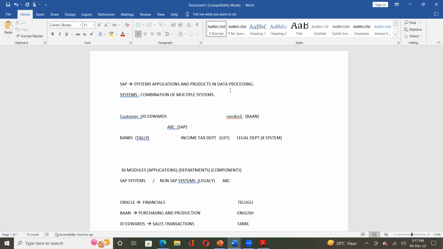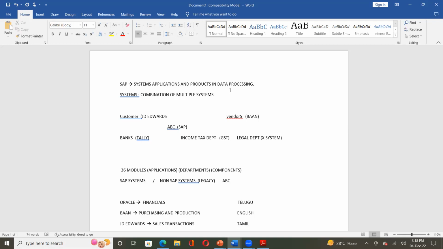Clear, everyone? So that's the reason for this feature. The naming itself clearly says Systems, Applications, and Products in data processing. Any organization's main thing is that they want more and more crystal clear reports, an accurate one. What is the need of accuracy? Because at the end, whatever reports we are expecting should be accurate. So how will you get an accurate report?